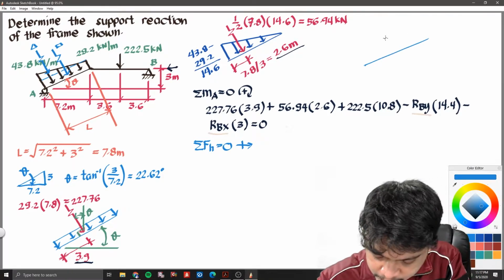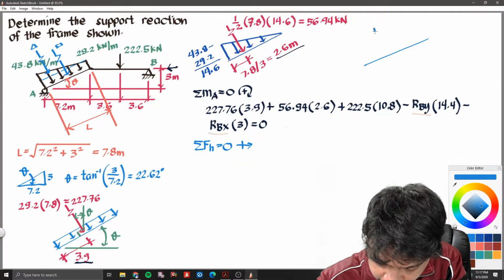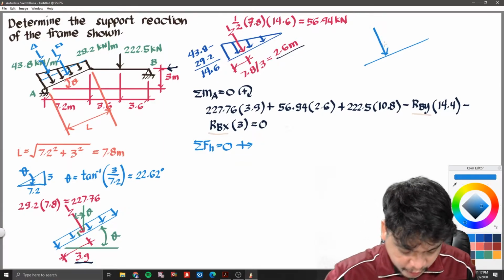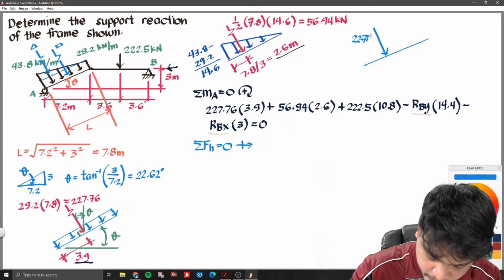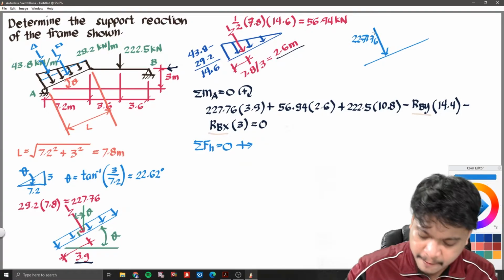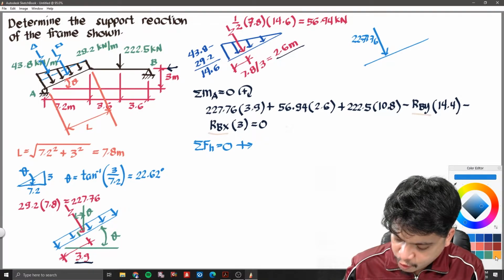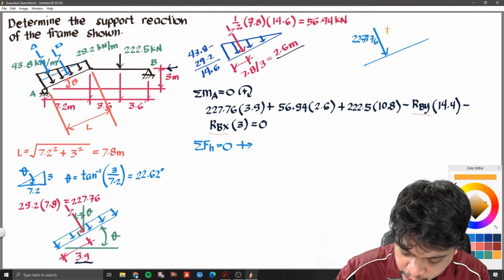Okay? So, assuming na ito yung aking resultant force. Okay? Ito yung aking 227.76. Ngayon, kailangan natin yan i-component into horizontal and vertical. Okay? So, pag ganun.